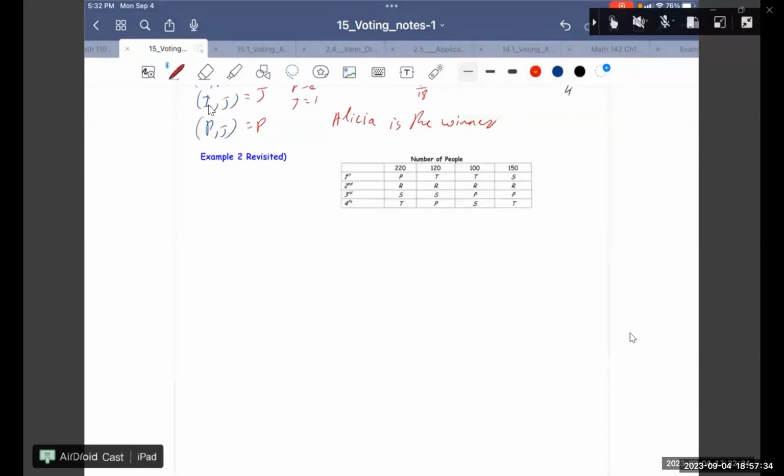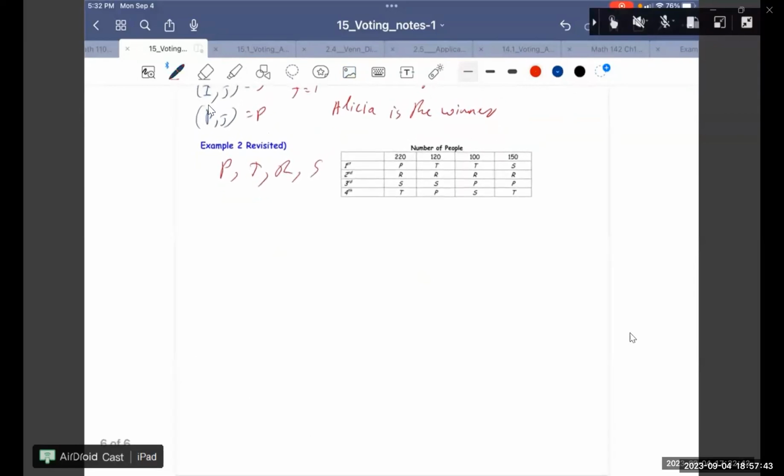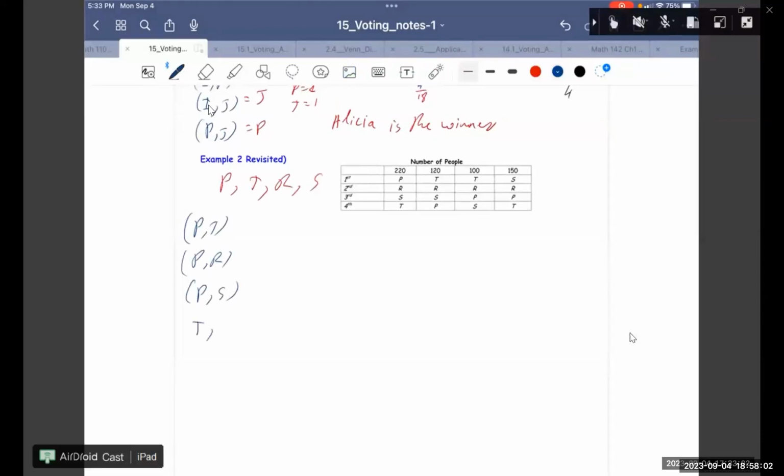So as we can see, we have P, T, R, S. So we have PT, PR, PS, and TR, TS, and RS.